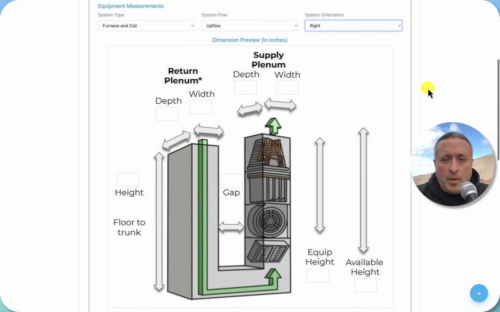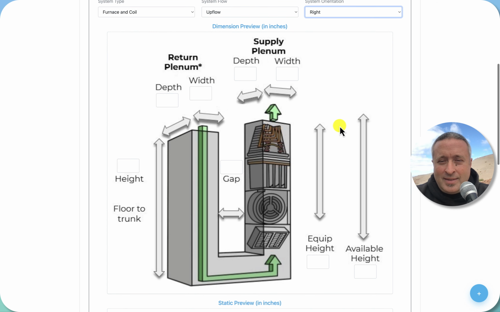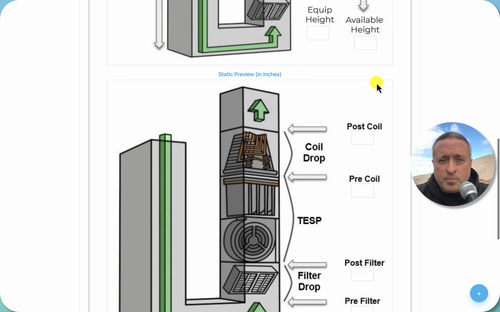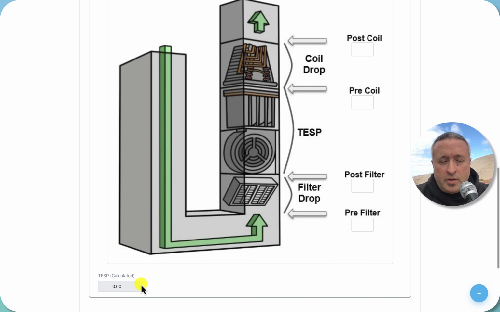And boom, that pops up where you can see what the equipment roughly looks like, and then you can take measurements. So if you are a newbie, fill in these fields. And then your install manager will have an idea of what's going on. Make sure you take some photos too. Then just below that is static pressure, and it shows you where to put the measurements in to get static pressure, and it auto calculates at the bottom here.